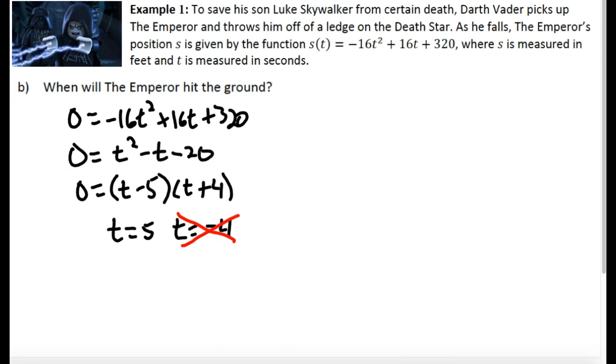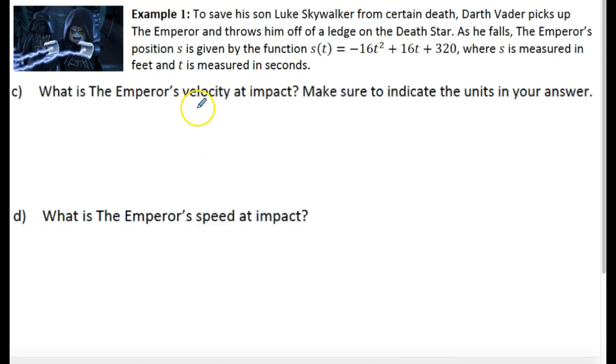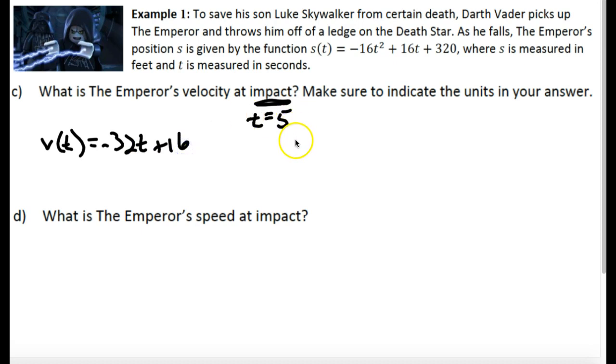All right, let's take a look at C. So C, what is the emperor's velocity at impact? Well, we just said this impact occurs at 5 seconds, right? How do I find the velocity then at 5 seconds? Well, we know velocity is just the derivative of position. So my velocity function, if I take the derivative here, would be negative 32t plus 16.